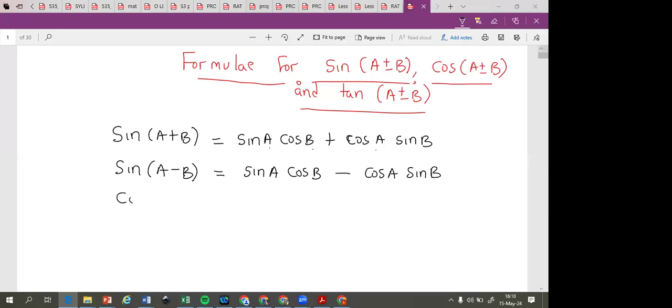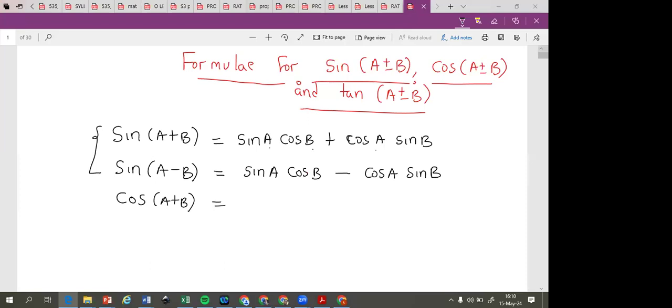When you have cos of A plus B, this is where you need to take the difference: in sine, when you are expanding the sines of two angles, you always have sine, cos, sine, cos.